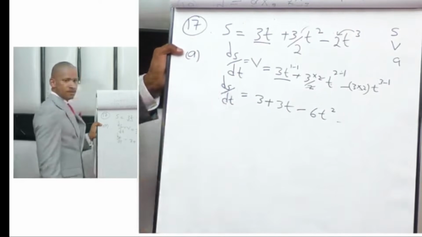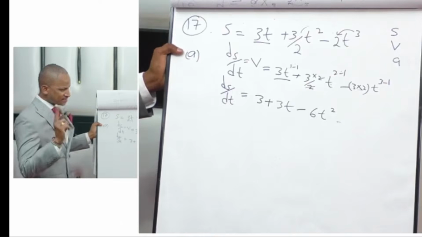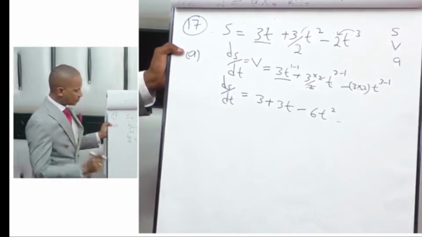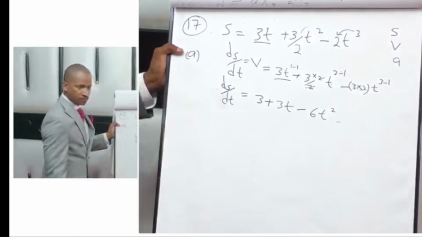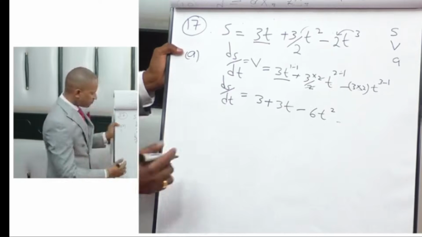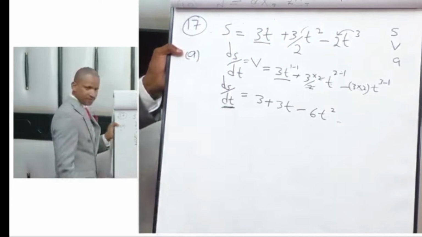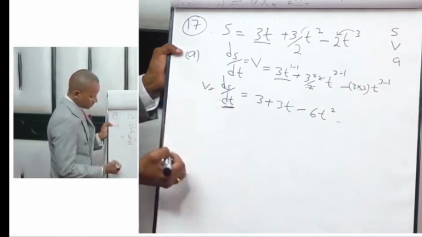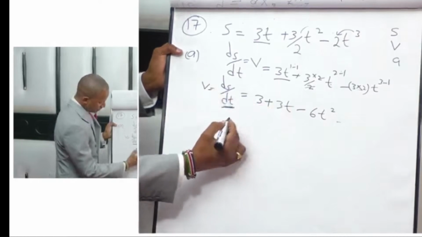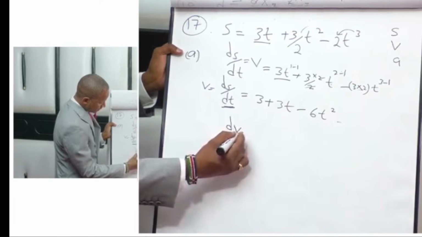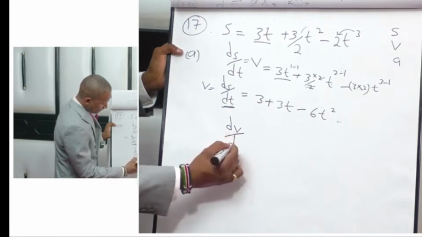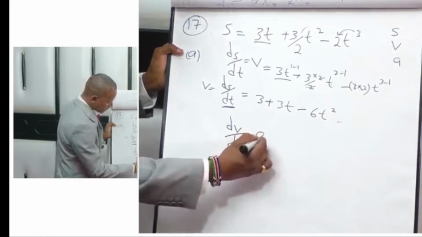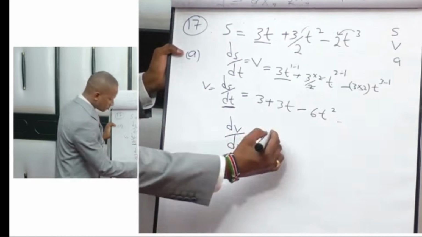Now, remember we are talking about acceleration, not velocity. So for acceleration, you further differentiate, the second derivative, you differentiate v with respect to t. So you get dv/dt. This gives you acceleration.